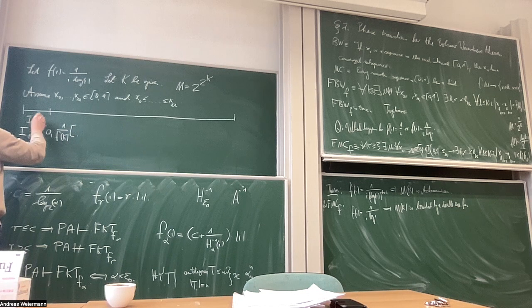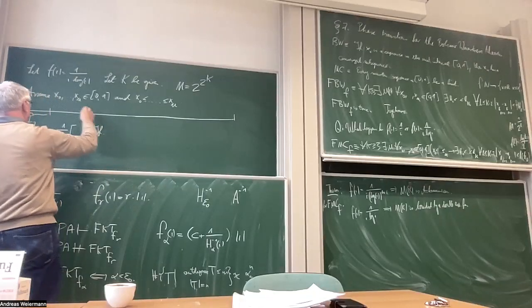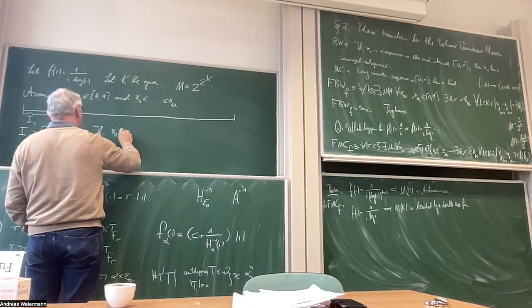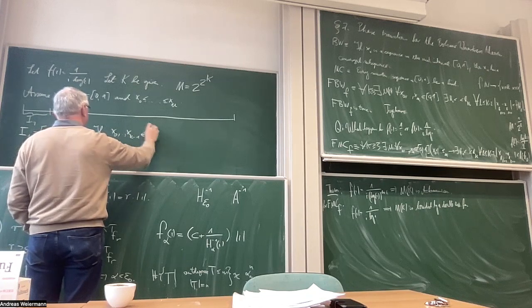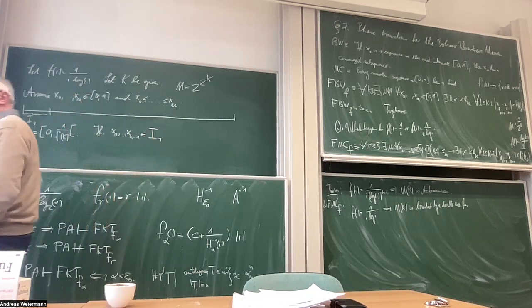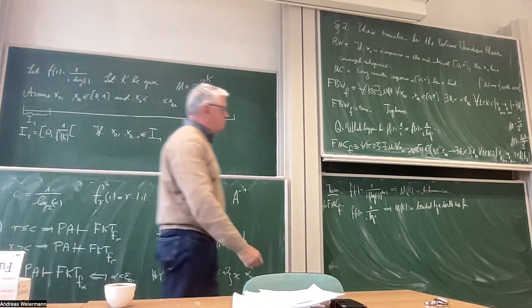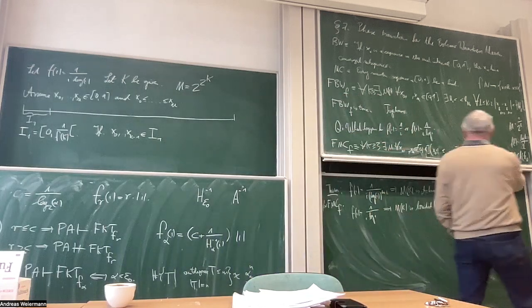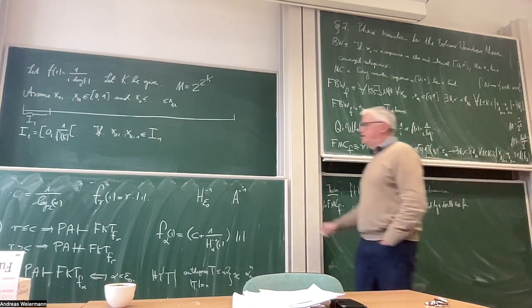Now there are two options. Case 1, if the first k elements are in this interval, that's fine. Then I have k elements. Then I say my indices here are just the numbers which I've seen over there, right?